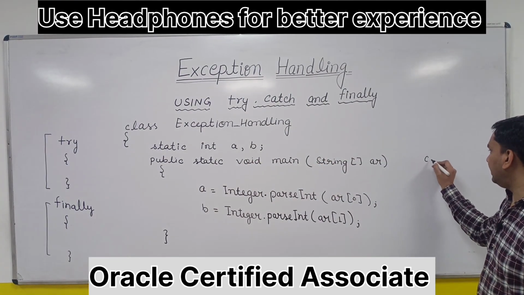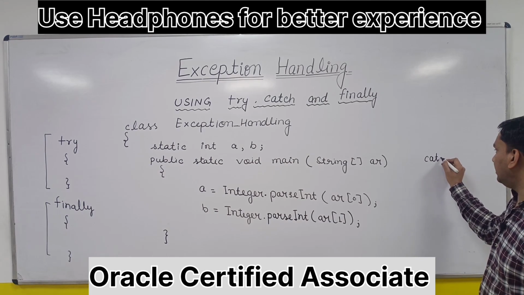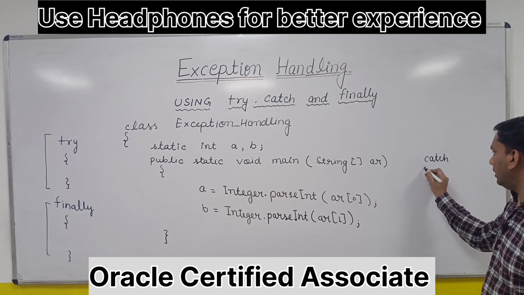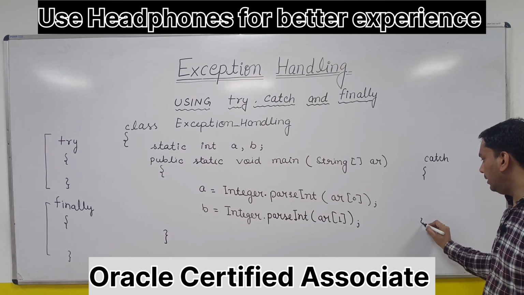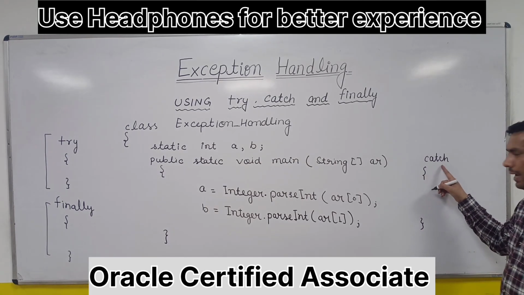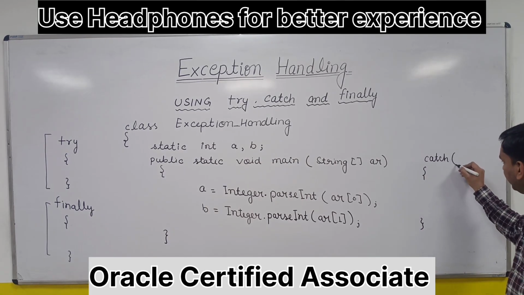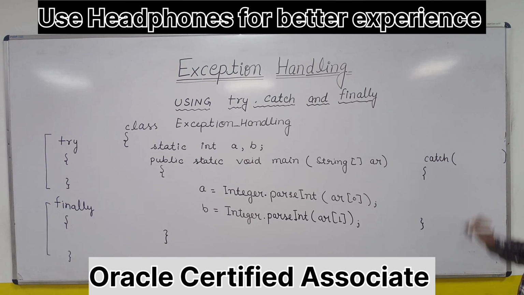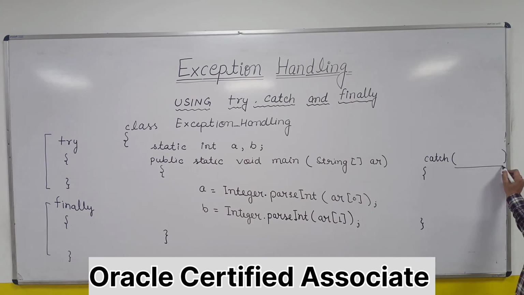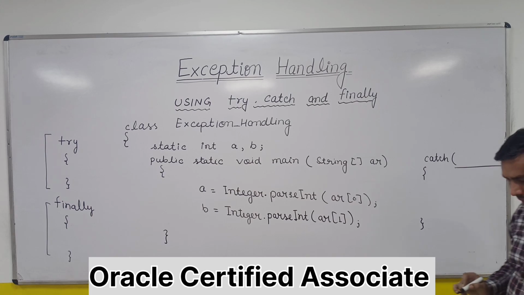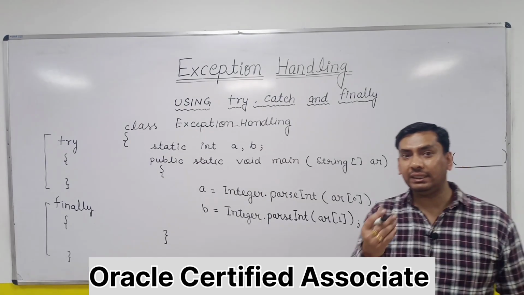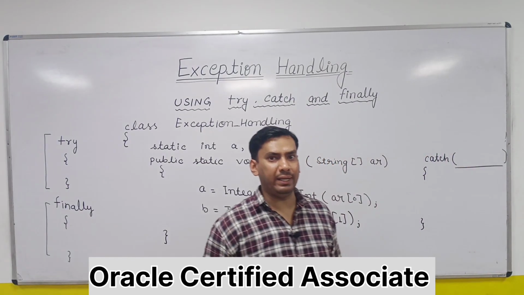You write the catch keyword, and similar to try and finally block, it also has its body, but here in the catch block you have to mention a parameter. The parameter says which type of exception you want to handle.